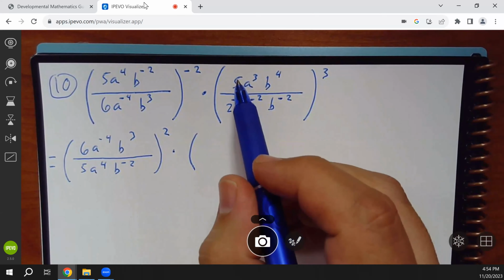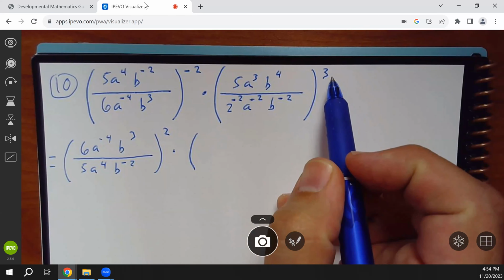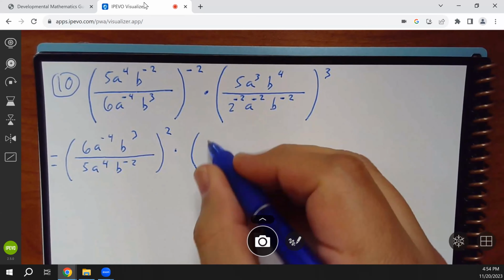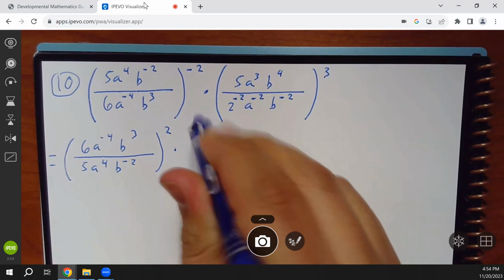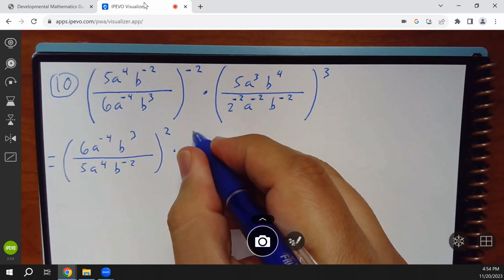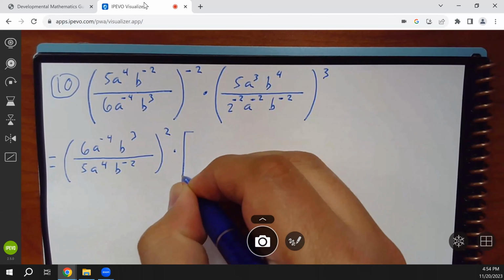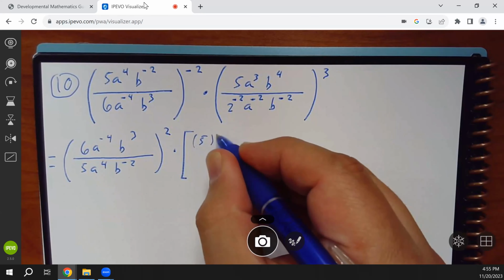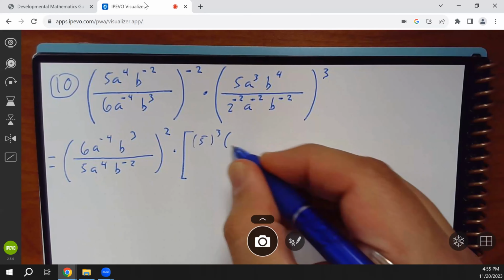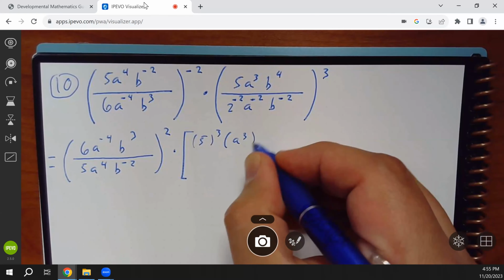Over here, we could start applying the 3 to everything. So it'd be, I'm gonna put a bracket just so it doesn't look more weird, 5 to the third, a cubed to the third.